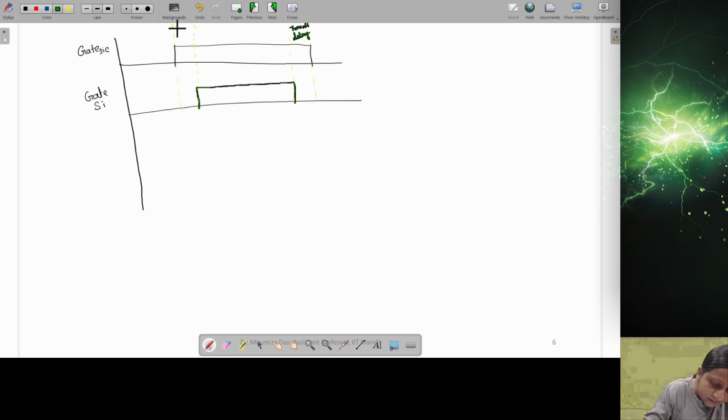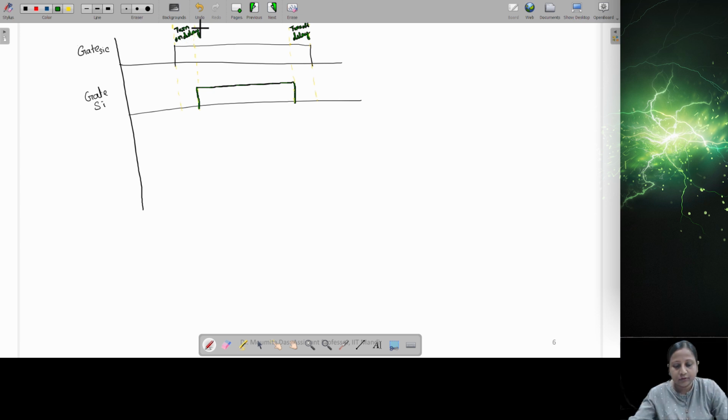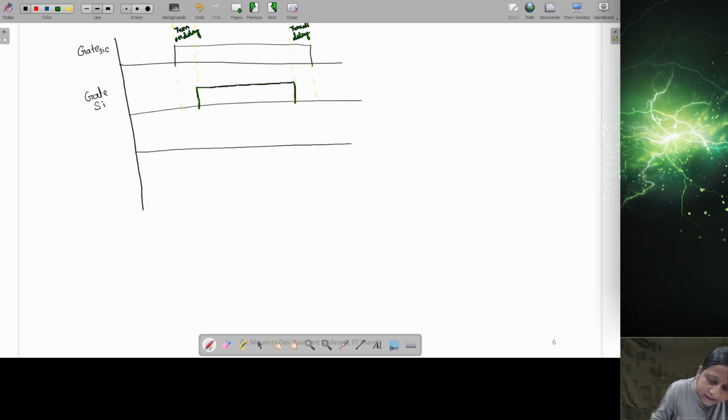As I told you in the previous slide, turn on delay, right? So this is how the devices are operating in order to achieve the benefit of this quasi soft switching. Now if we provide the gate signal like this, then what will happen to the current?